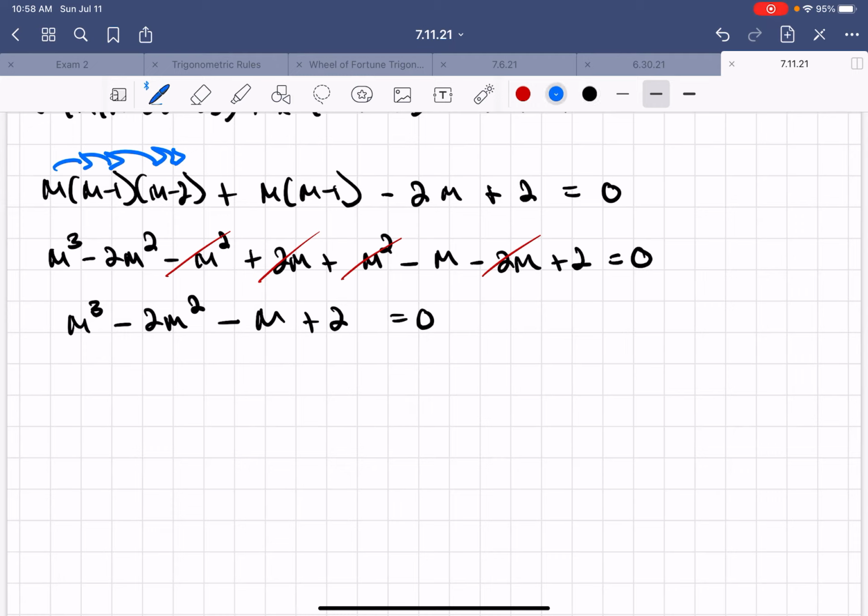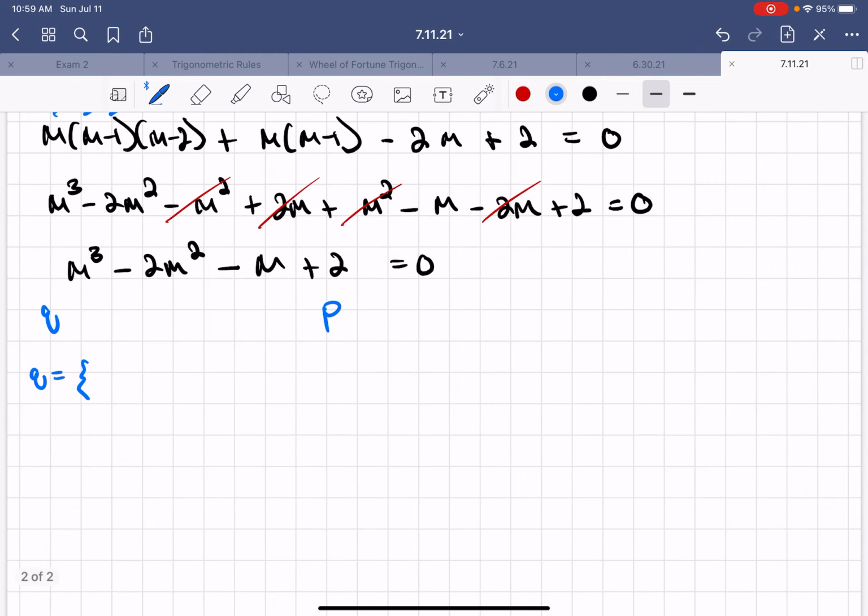Now what we could do is solve this with synthetic division. If you've seen any of my other videos, I solve something like this with synthetic division, so I would suggest checking out my other videos. Basically we're getting multiples of the leading coefficient, which in this case is 1.